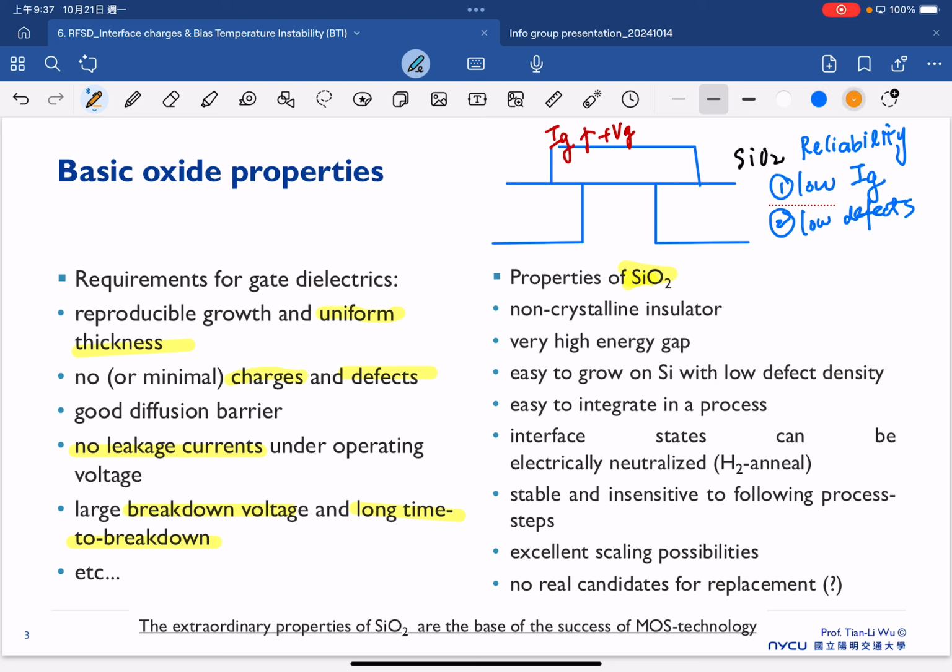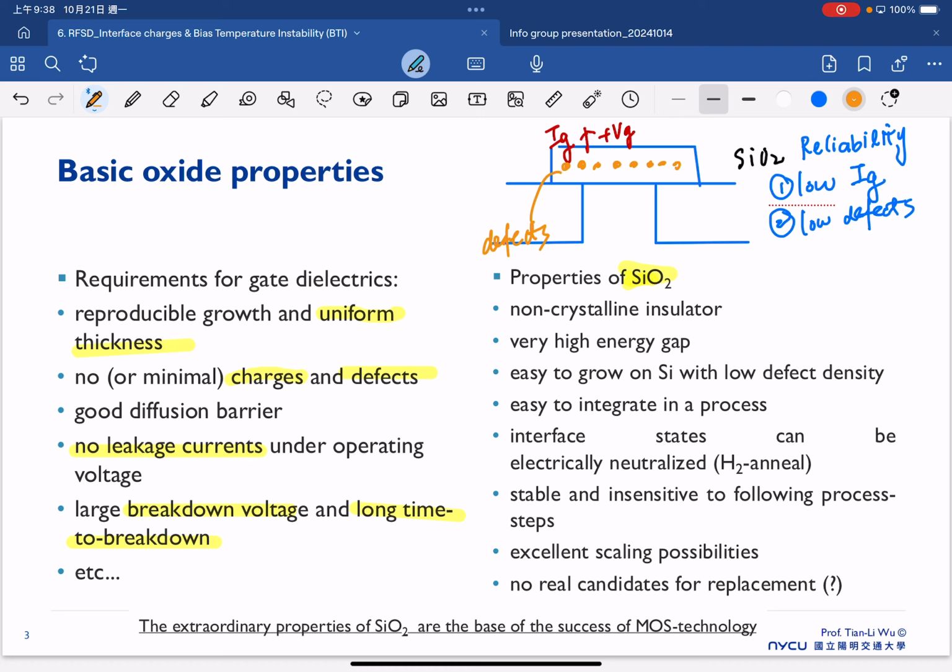This is because we should realize that no material is perfect, no matter whether it is silicon or silicon dioxide or other material. So it always has a chance that defects can be generated or exist inside the dielectric. So we hope to have very low defects.